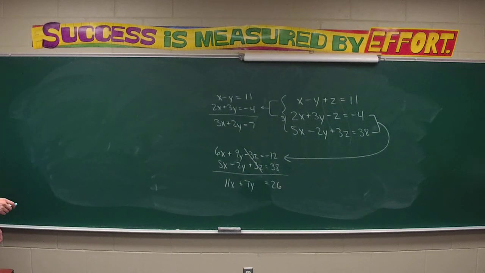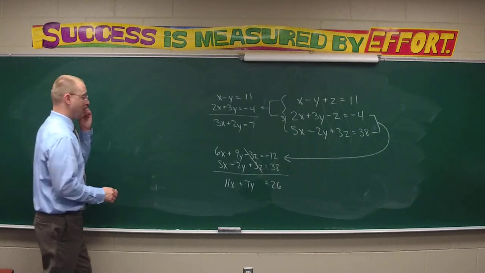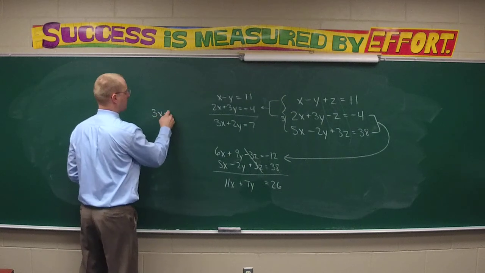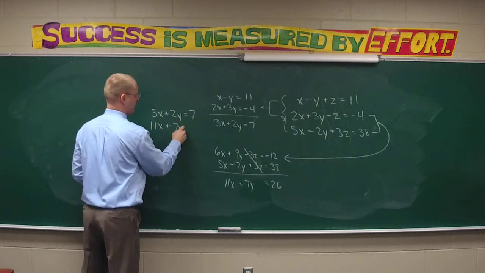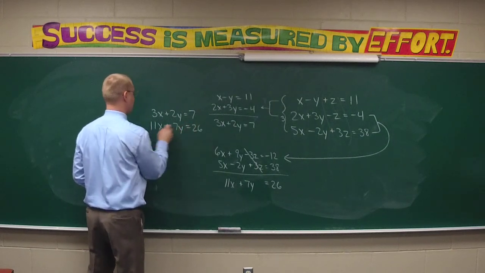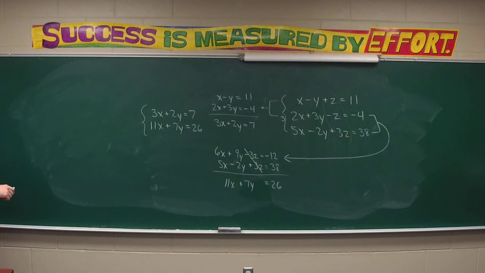Genesis? All right, so make a new system with the 3x plus 2y equals 7 and the 11x, oh man, plus 7y equals 26. Who makes these problems up? And now what?